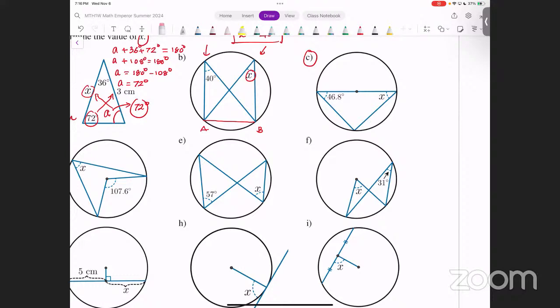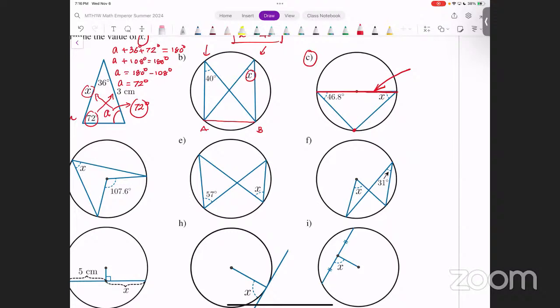Rhea, how would you find the x? You look at the opposite angle. Come on, guys. Don't you see there's a diameter? What is the angle the diameter subtends somewhere on the circle?